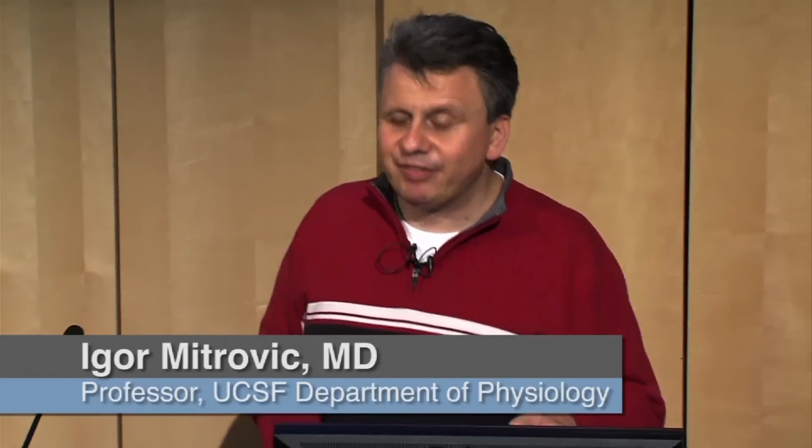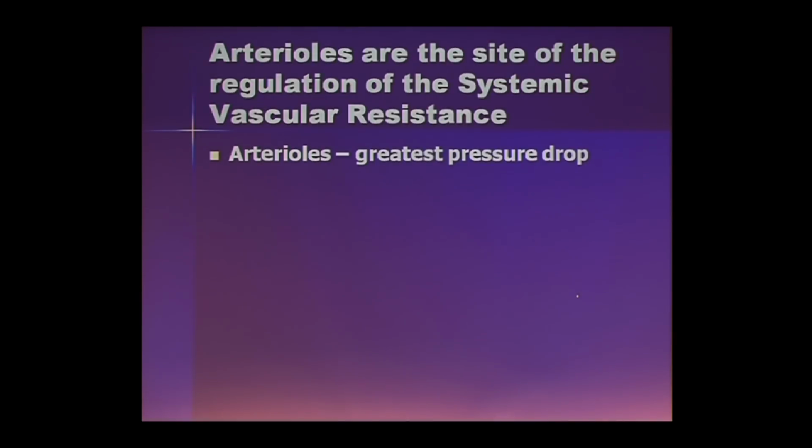So, arterioles are the site where this regulation of systemic vascular resistance really occurs. This is not the only place where you have resistance, but this is where you regulate the resistance.